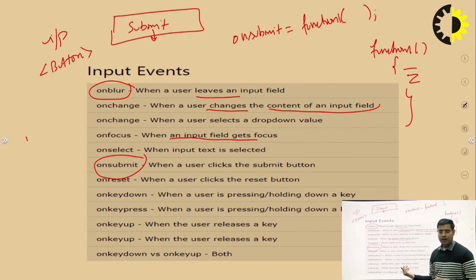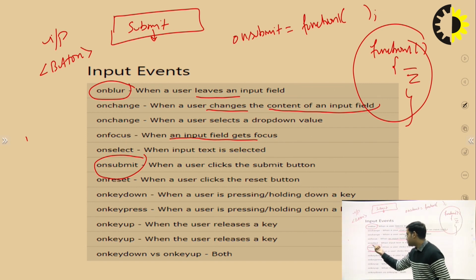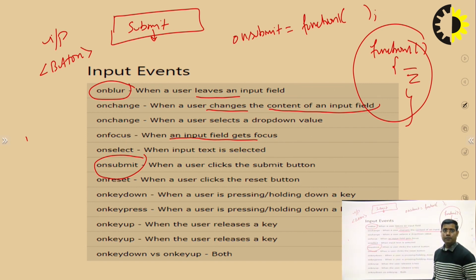I already told you. So whatever is written in this particular function, those statements are executed, because on the submit button the function named function 1 is called.